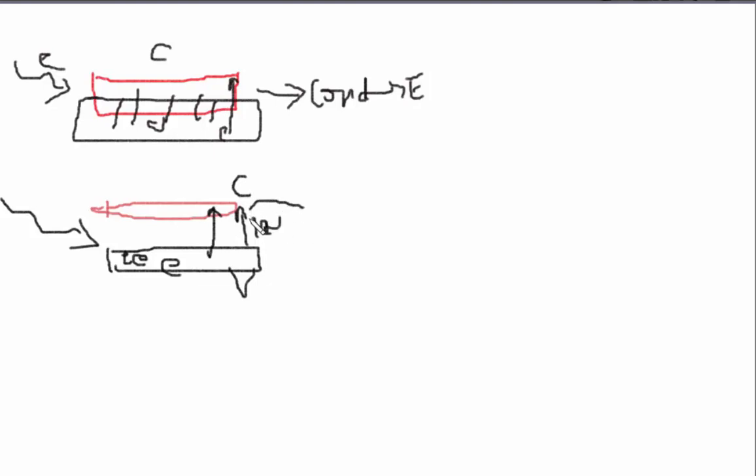So the minimum energy is 1 electron volt. That's why we give energy in electron volts, where 1 electron volt is equal to 1.602 times 10 to the power of minus 19 joule.